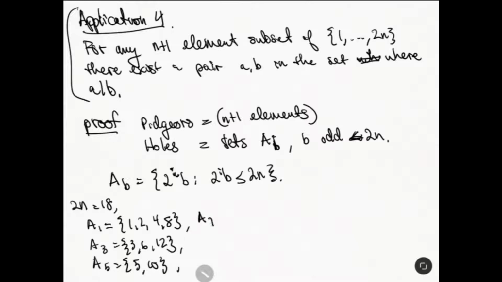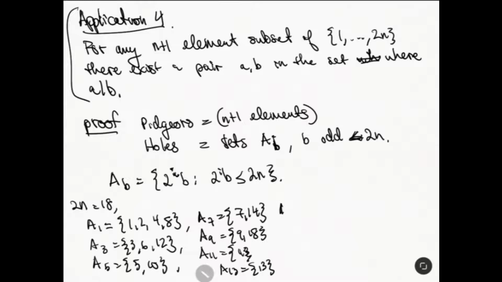Okay, A7, 7, 14. A9 would be 9, 18. Okay, A11 would be just the set 11. A13 would be just the set 13. Then we have A15, which would be just the set 15.